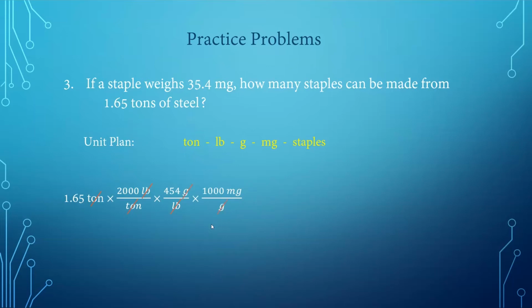The grams cancel out. And finally, we have a conversion between staples and milligrams. We know that one staple is 35.4 milligrams. The milligrams cancel out, and that leaves us with a whopping 42,322,203 staples.